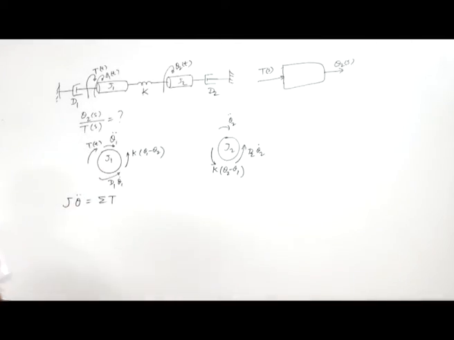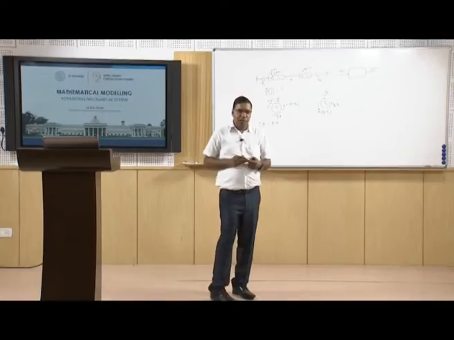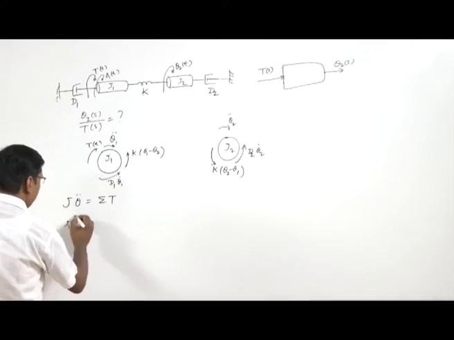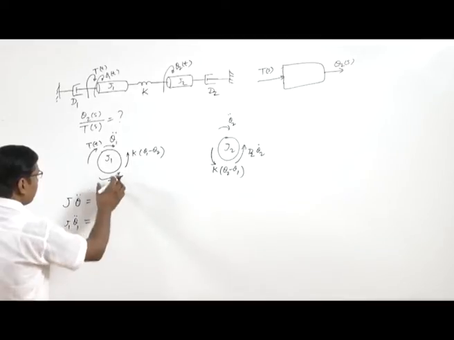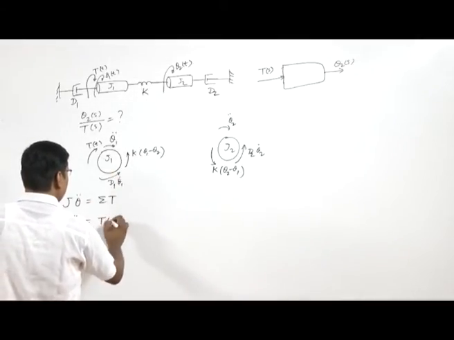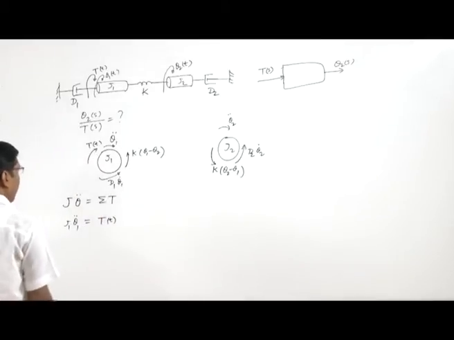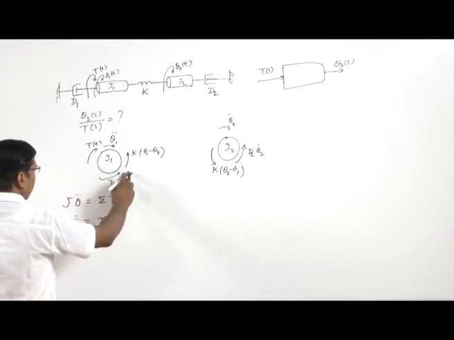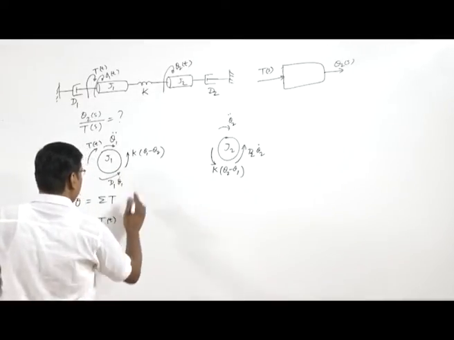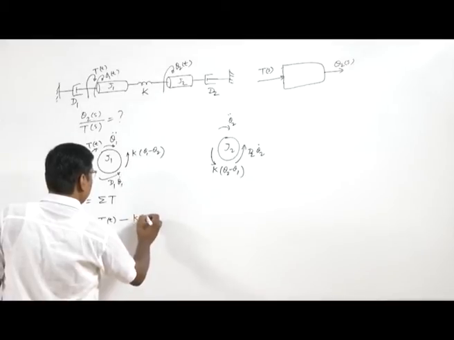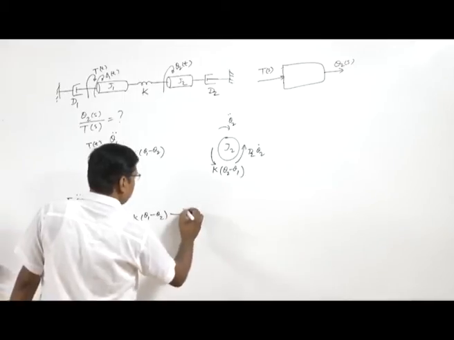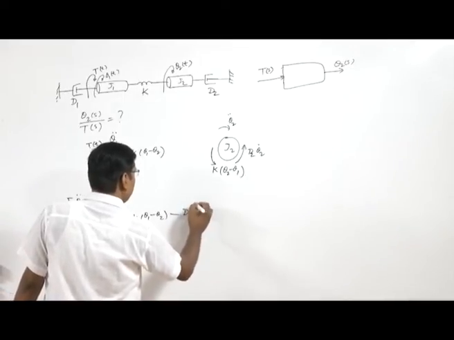So, for the first inertia J1, we will have J1 theta 1 double dot and these torques. So, we have this torque T, the external torque, that is the input, then the torques due to the spring, minus k theta 1 minus theta 2, minus d1 theta 1 dot.